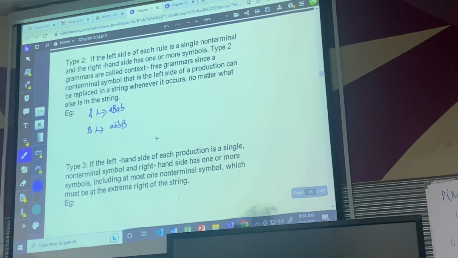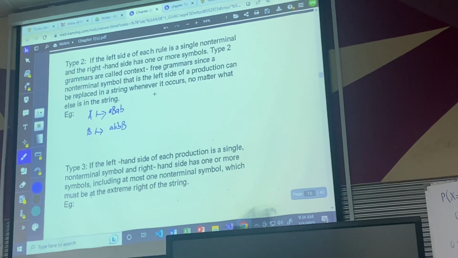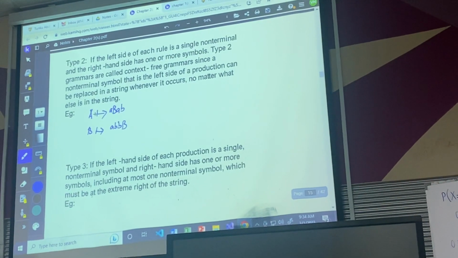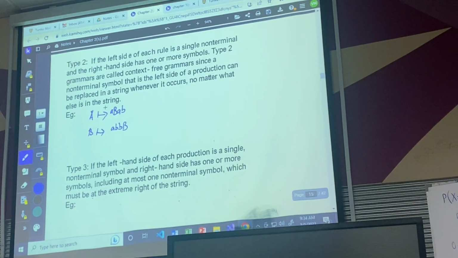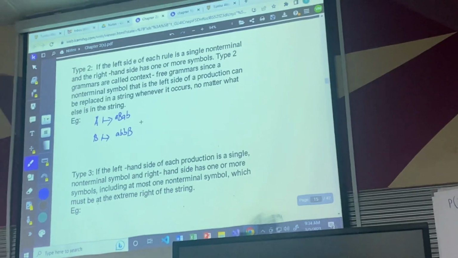The constraint gets more and more restrictive. Type 3 is still the same at the left, which is one single non-terminal. But when you come to the right, the constraint now is you can only have at most one non-terminal, and the non-terminal must be at the most right side in your string.